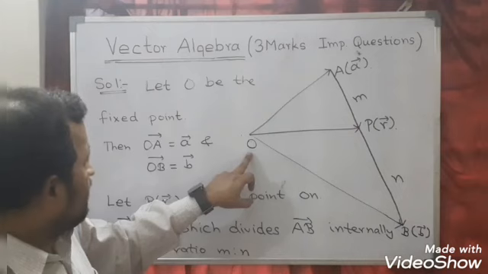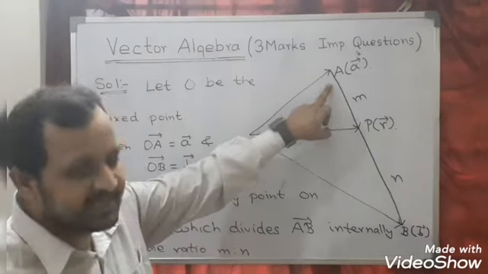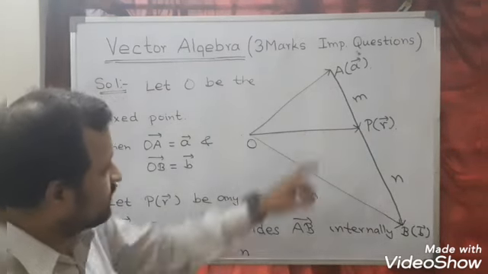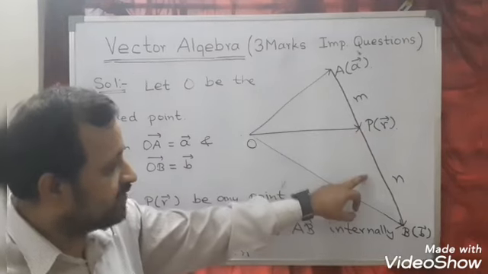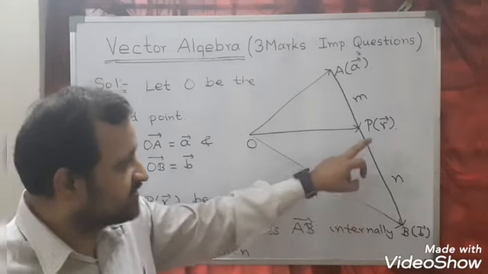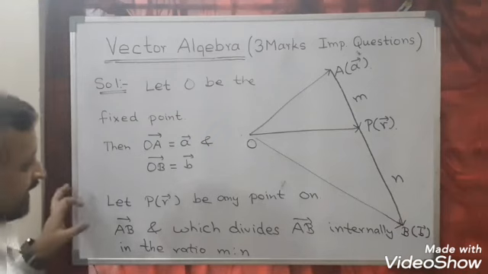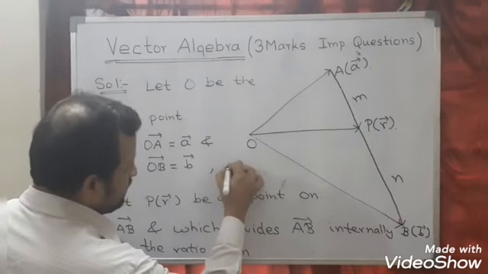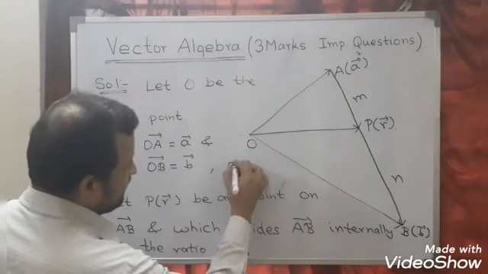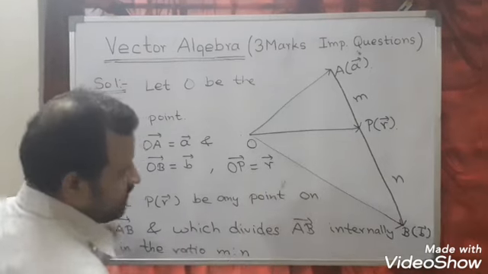So let O be the fixed point, then OA is equal to vector a, OB is equal to vector b. Right? So take one point anywhere on line AB, which divides it internally in the ratio m:n. And if I ask you what is OP, so can I say that OP vector is equal to vector r? Right?